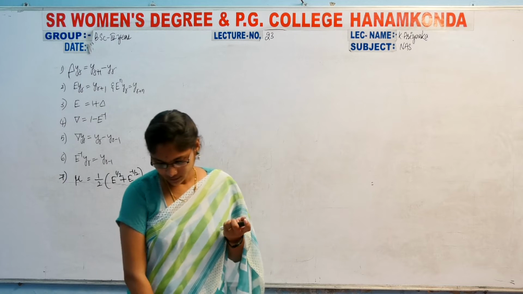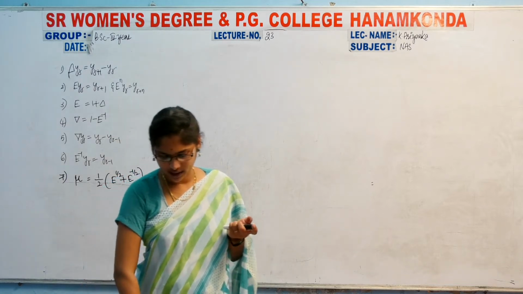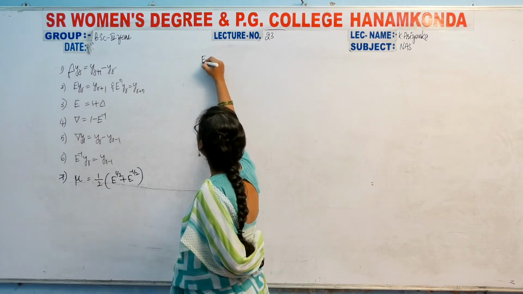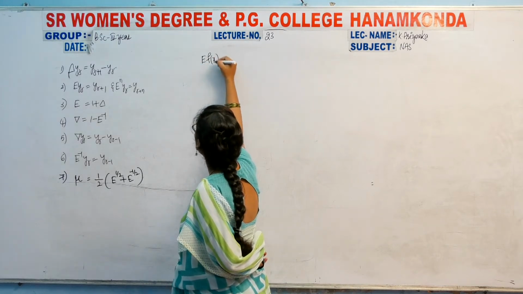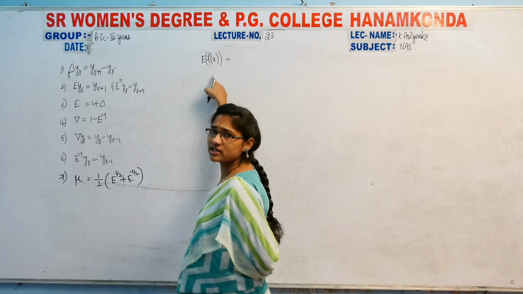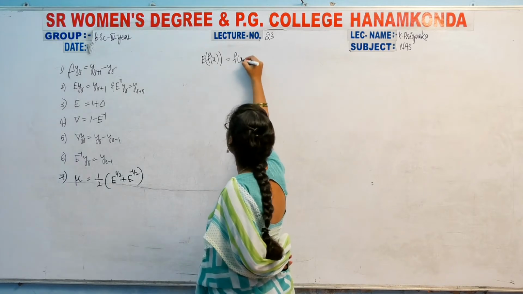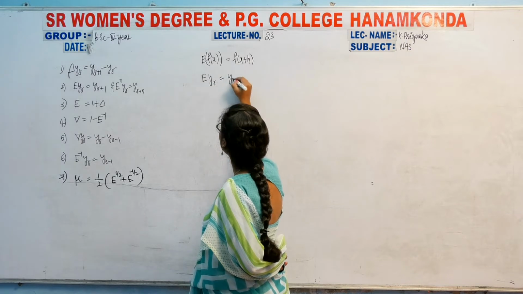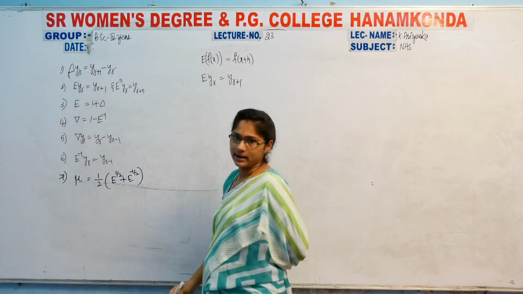Now write down. We know that the shift operator is defined by E of f(x) is equal to f of x plus h. That means E of f(x) is equal to f of x plus h.